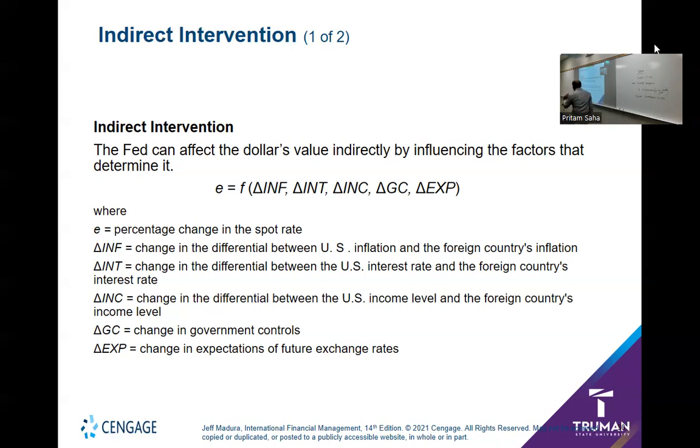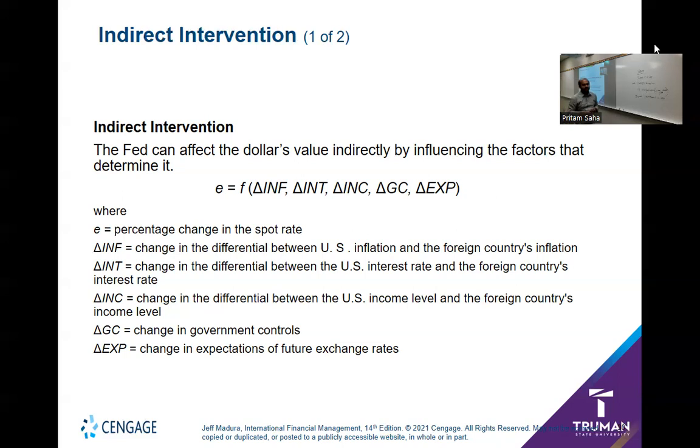So basically, if government is not participating directly in the foreign exchange market, rather playing with all these factors that have impact on the spot rate or expected spot rate, government is indirectly intervening in the foreign exchange market. Achieving strengthening or weakening, but not directly playing with the result.